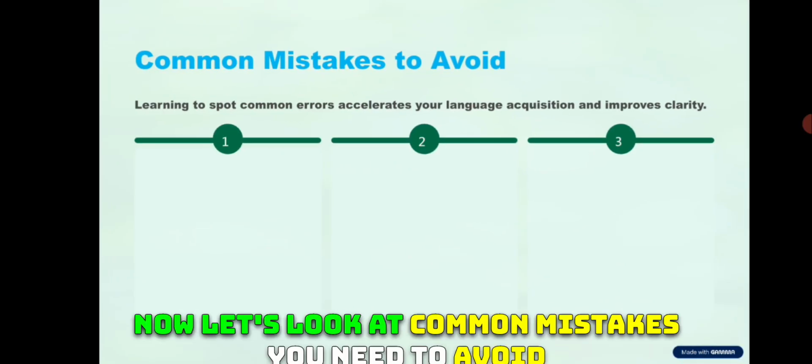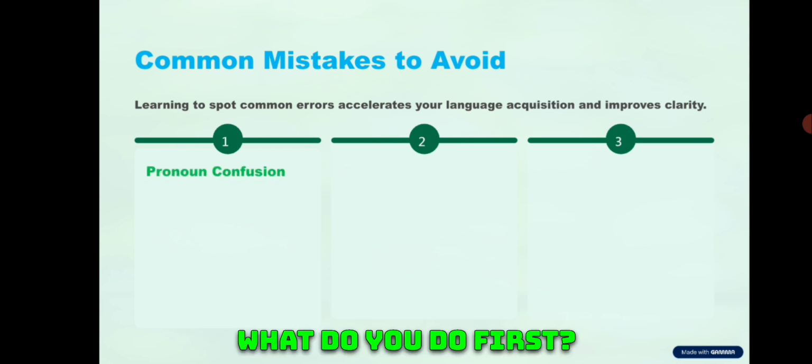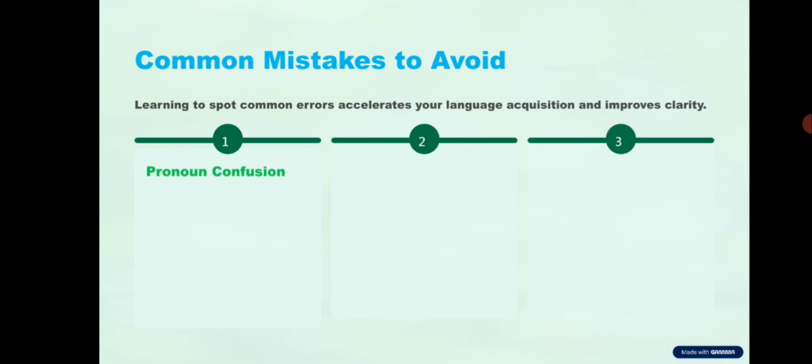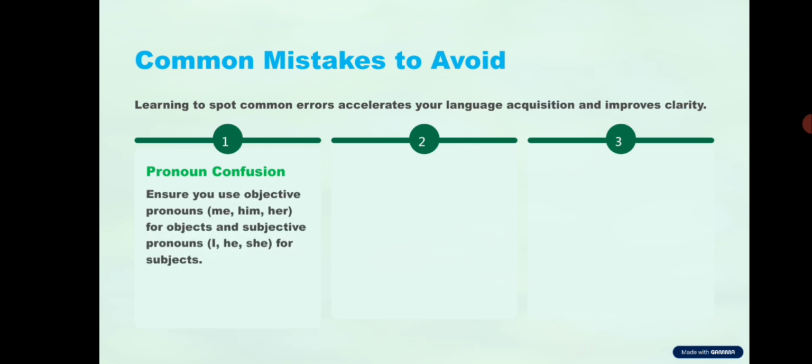Now let's look at common mistakes you need to avoid. Learning to spot common errors accelerates your language acquisition and improves clarity. What do you do first? Avoid pronoun confusion.